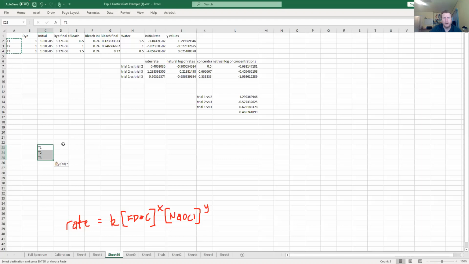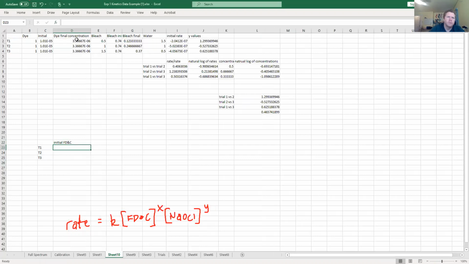Now, what we've got here is we have our initial FD&C concentration. So our dye concentration is going to be this 3.366 times 10 to the negative 6th. So that's the initial concentration in our reaction. Okay. Now, or sorry, that's the initial concentration at the beginning of the reaction, because that was the concentration that we used in our overall reaction.